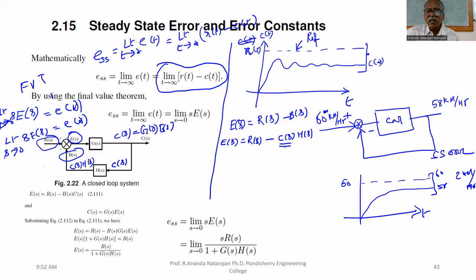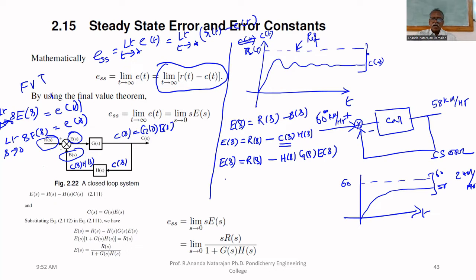Therefore, wherever I find C of S, I can write it as H of S, G of S, E of S. Here, E of S equals R of S minus H of S, G of S, E of S. Can I write like that?